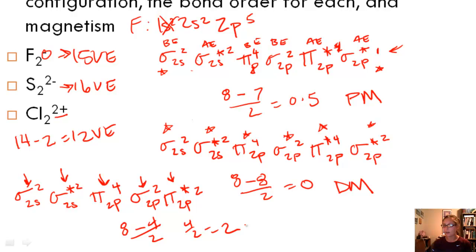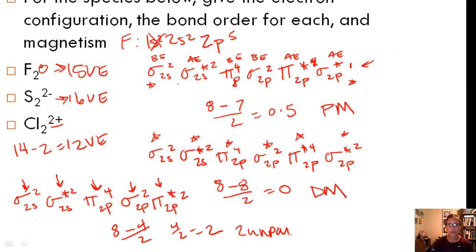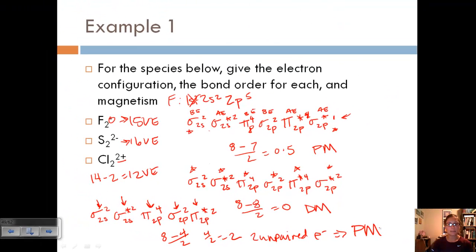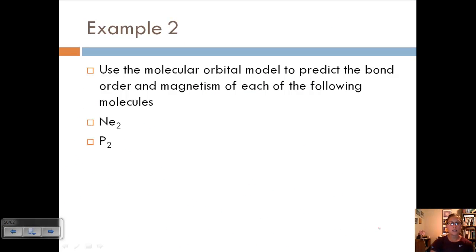If we look at whether electrons are paired or unpaired for Cl2 2+, because we have 2 electrons in the pi, remember we fill each one before we double, that means we have 2 unpaired electrons, which means paramagnetic. Okay, what I would like you guys to do is do the same for these two, and then we will go over them in class and make sure everybody's on the right track.